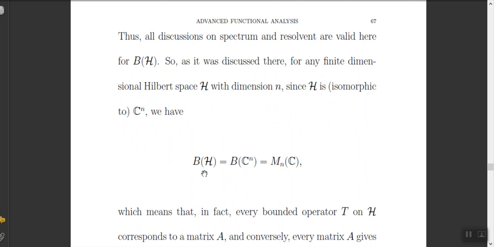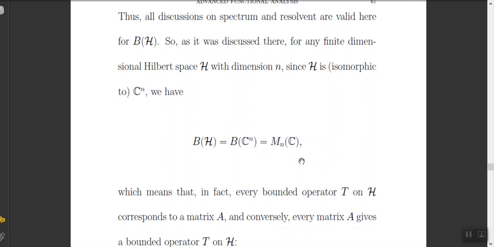So when we say B of H, it means B of C^n, the Banach space of bounded linear operators on C^n, which is isomorphic to, or simply equals, M_n(C). It means the matrix algebra, the algebra of all n by n matrices with complex entries.